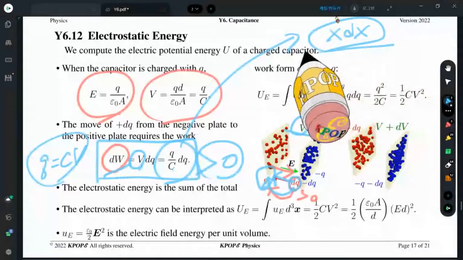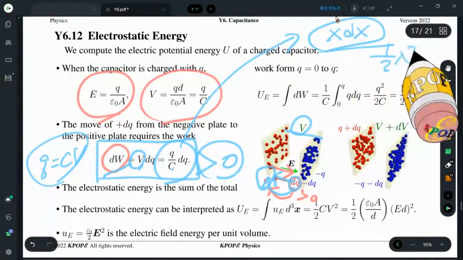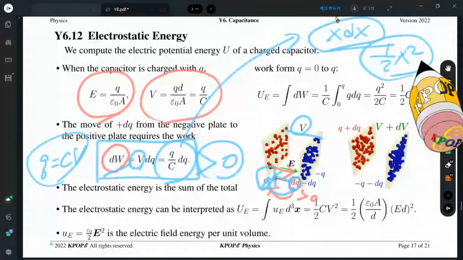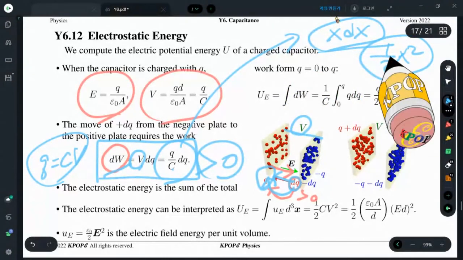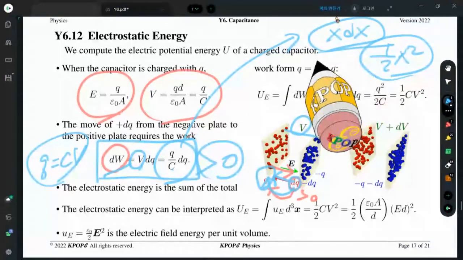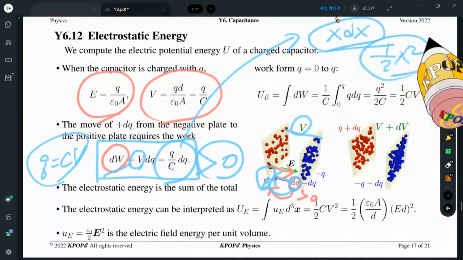What's that? This one is a universal integral. You know how to compute it. This 1/2 x squared appears everywhere when you compute the kinetic energy, or when you compute the potential energy due to the spring force.